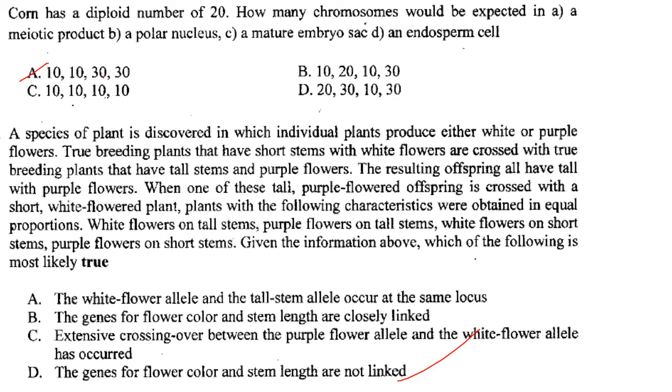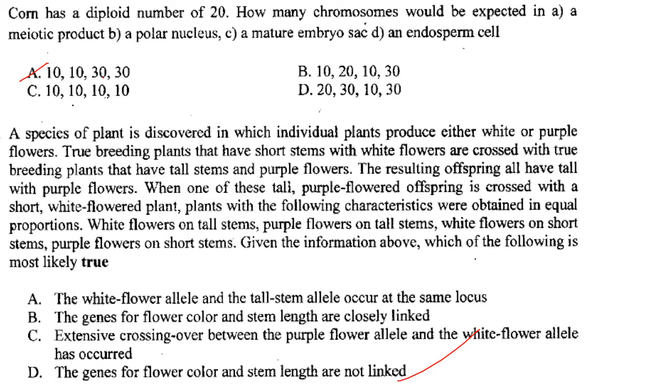Then next one. A species of plant is discovered in which individual plants produce either white or purple flowers. True breeding plants that have short stems with white flowers are crossed with true breeding plants that have tall stems and purple flowers. The resulting offspring all have tall stems with purple flowers.